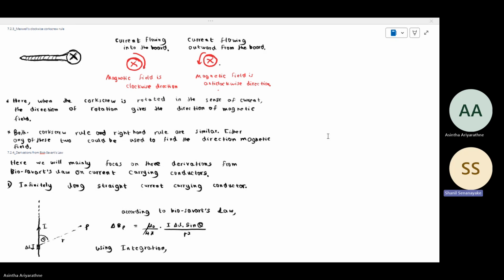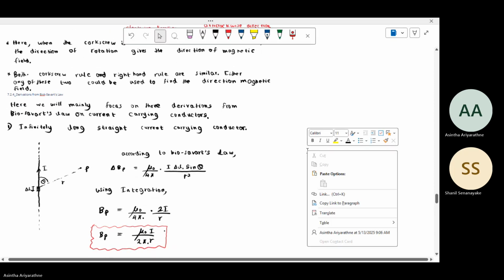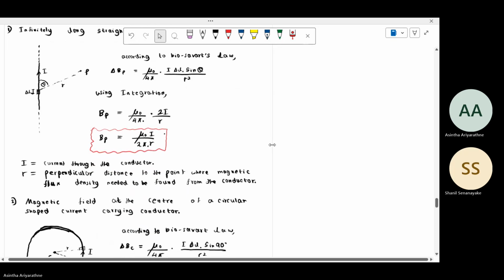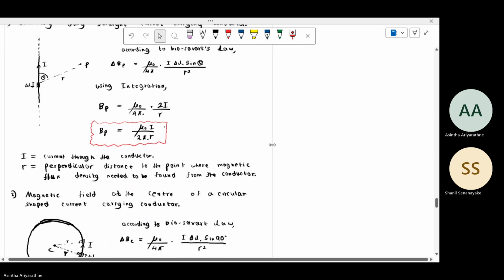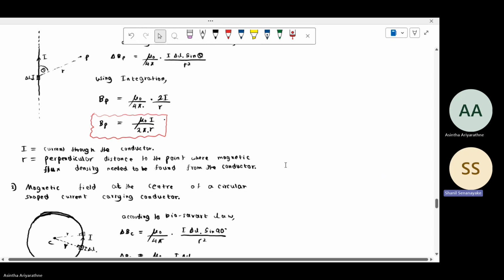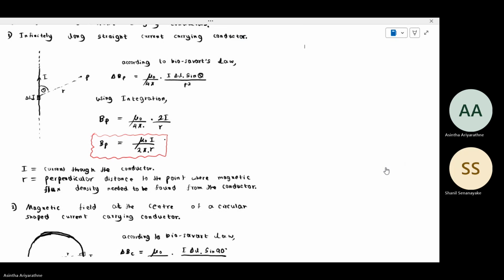So can you scroll down? Up to the end of the topic, infinitely long straight current carrying conductor.